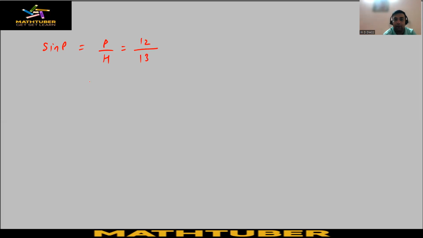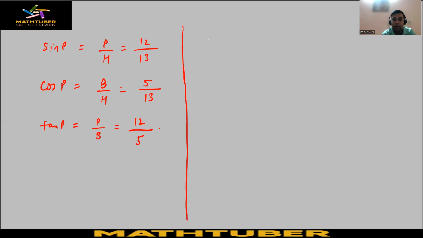So it will be 12 upon 13. Similarly, cos P is base upon hypotenuse. Base is 5 centimeter and hypotenuse is 13 centimeter. Similarly, tan P will be equal to perpendicular upon base, which will be 12 upon 5. So these are the answers for the 10th question.